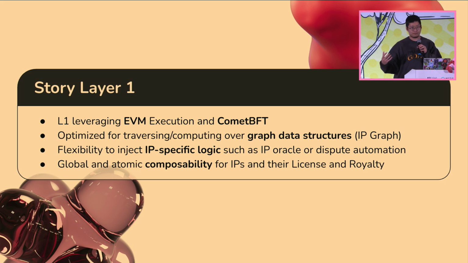With layer one, you build a decentralized network for global composability of IP, its licenses, and tokens. Imagine every chain can use us as an IP settlement layer, and all the applications on top of our blockchain can interact with each other, no matter which application or creator tooling you use.